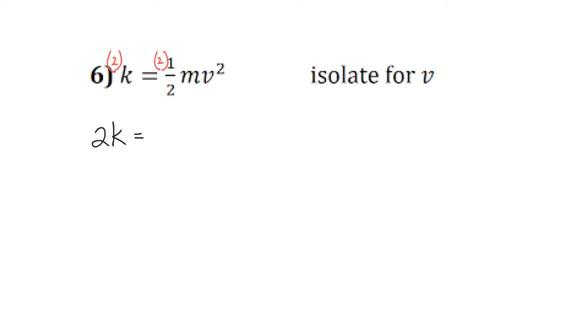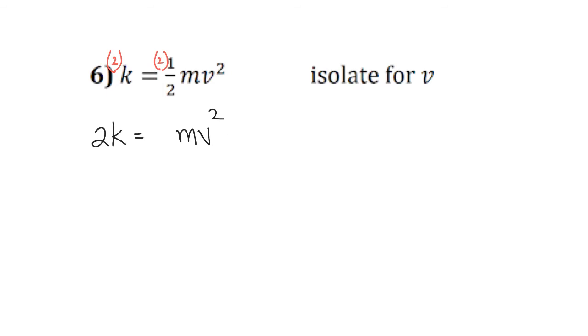Now, we could write the 1 in if we really wanted to, and then we recopy m v squared. But again, remember in math, we don't have to write out this 1, so I'm actually just going to erase it. So what we really have left is 2k equals m multiplied by v squared.